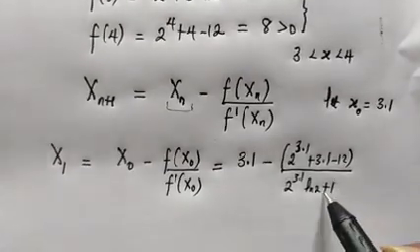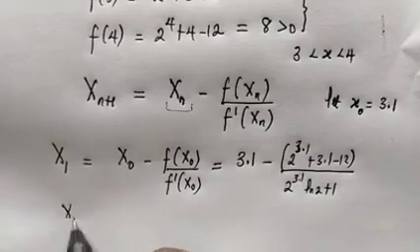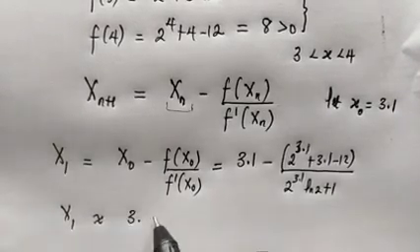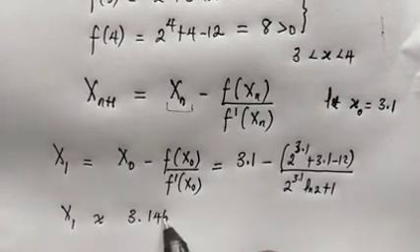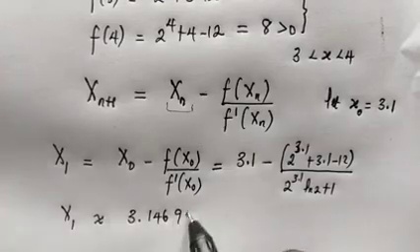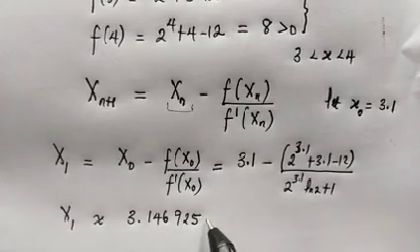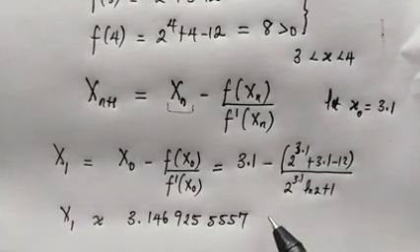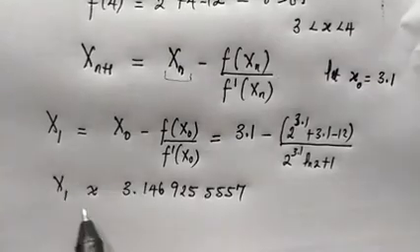Okay, so from here, x sub 1 is approximately equal to 3.1469255557. Interesting, right? So here, this is x sub 1.